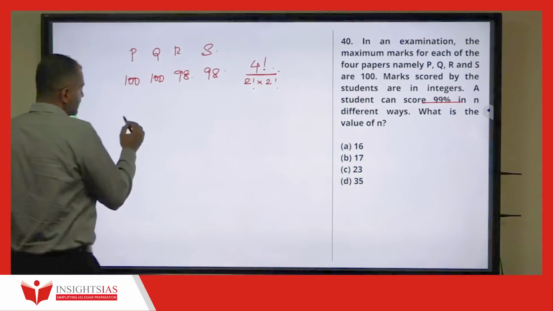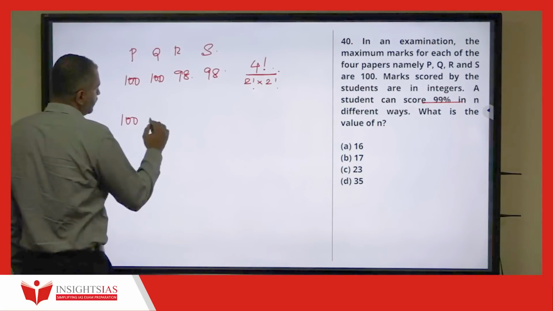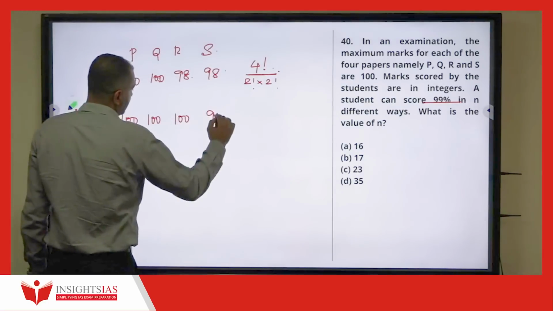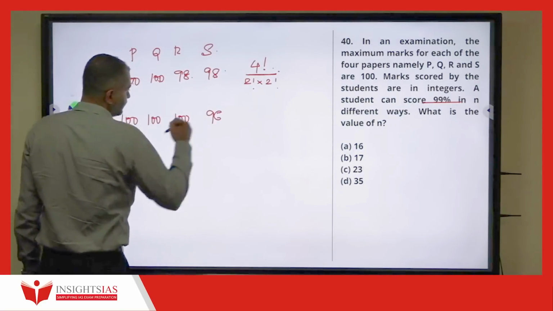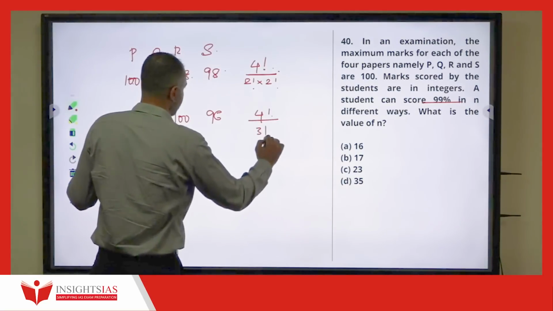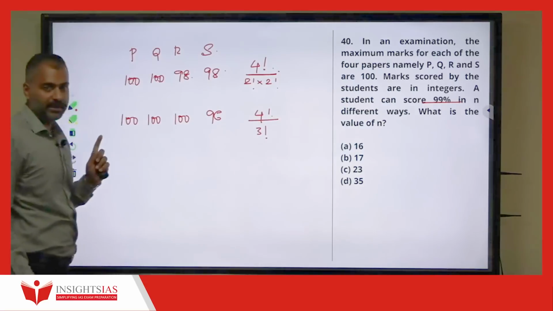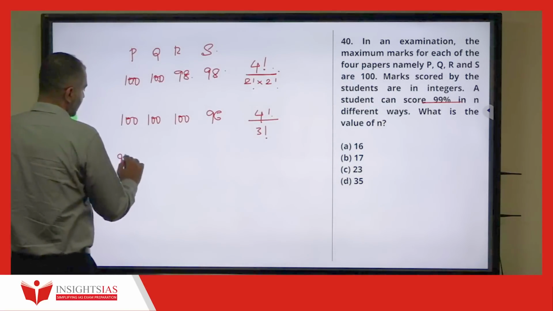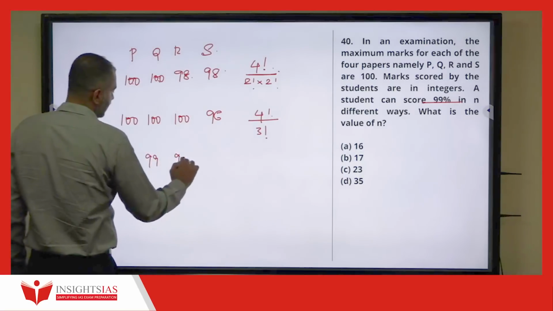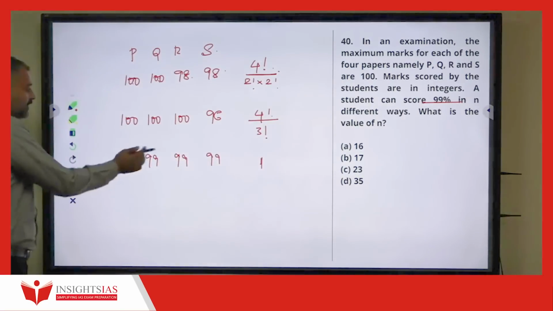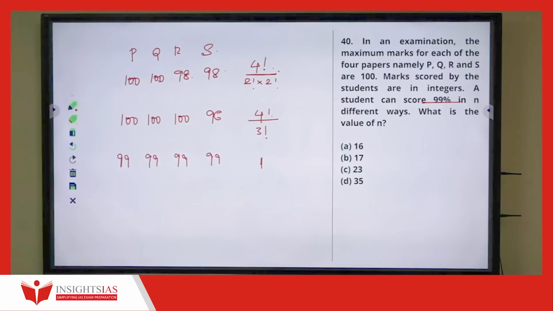Then or else 100, 100, 100, 96, we can say. So this is 4 factorial by 3 factorial to avoid the repetition here. Similarly, 99, 99, 99, 99. This is also possible. This is only one way. Any way you change, that's 99 only.